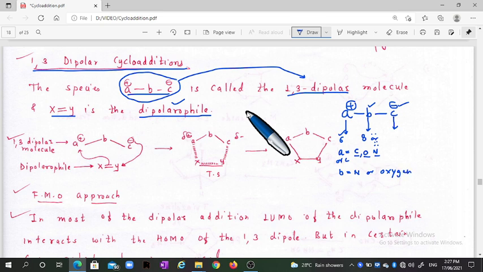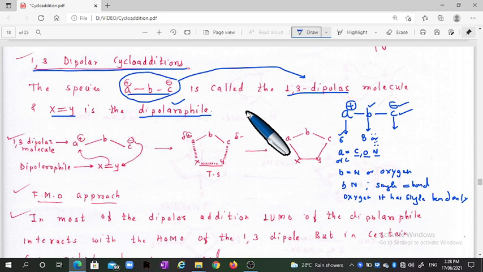Now, if B is nitrogen, then it has single or double bond. But if B is oxygen, it has single bond only. This is all about the 1,3 dipolar species.